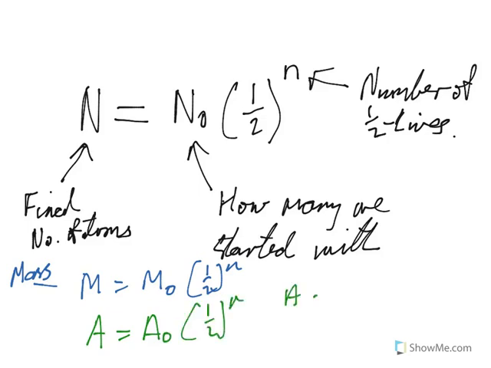A is activity or decay rate. In your notes it says that the decay rate is measured in becquerel, and 1 becquerel is 1 decay per second. So those are the formulas we can use.